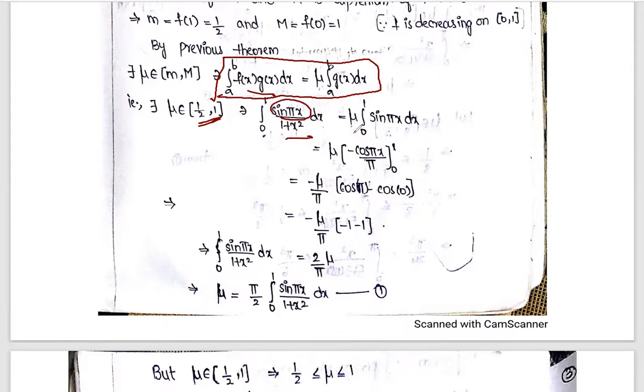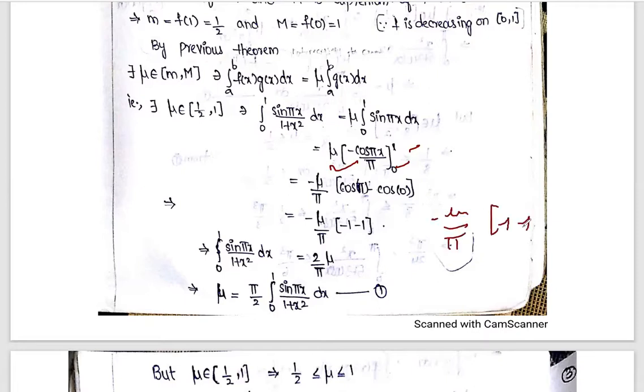So this will be mu into the integral from 0 to 1; we substitute it in the formula. You'll get mu into minus cos pi x by pi, then apply the limits. You'll get minus mu by pi into minus 1 comma minus 1, so minus 2 into minus mu by pi, which is 2 by pi mu.